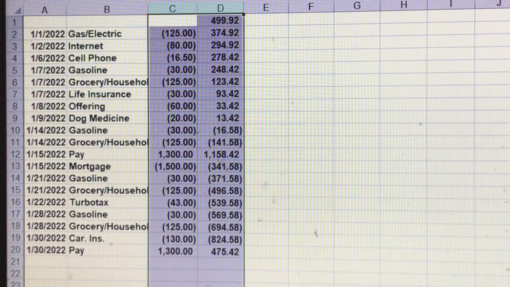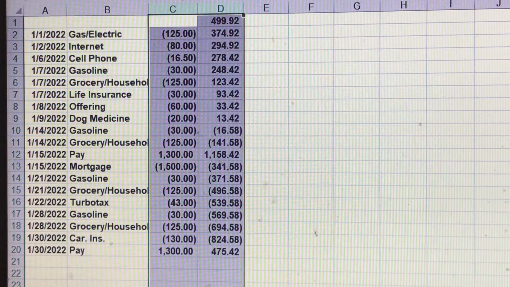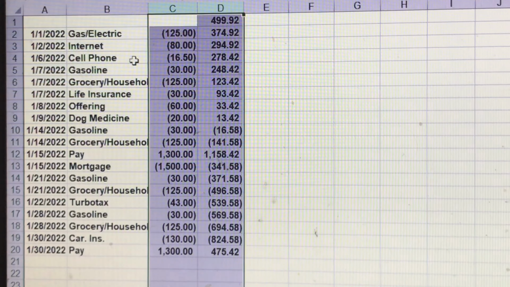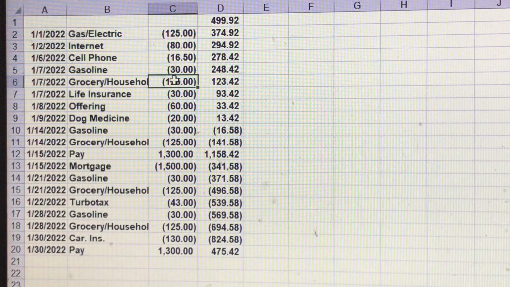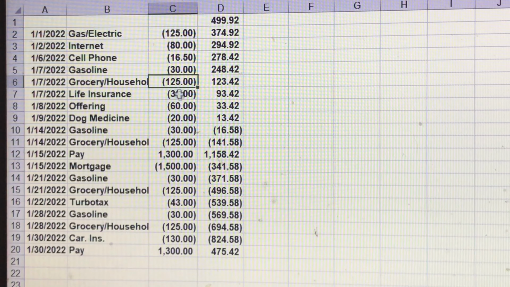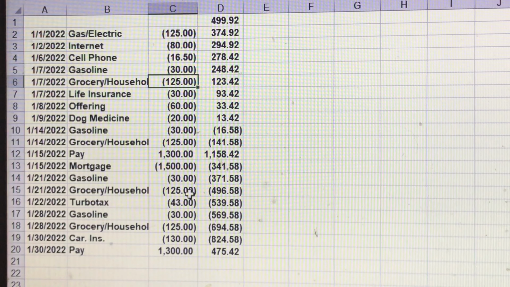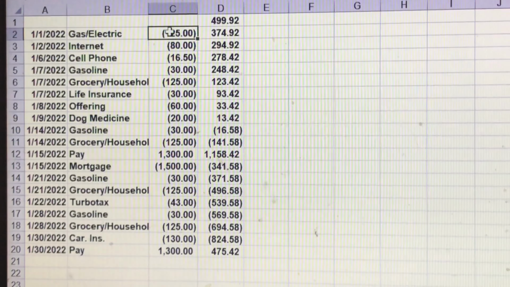So this way, I've actually taken all the expenses, and if you look, I've put down the groceries. I've given everything a date. So in the month of January, Fridays are the 7th, the 14th, the 21st. I've basically given everything a date, and for any expenses on here, I've said this is the date that they're coming out.